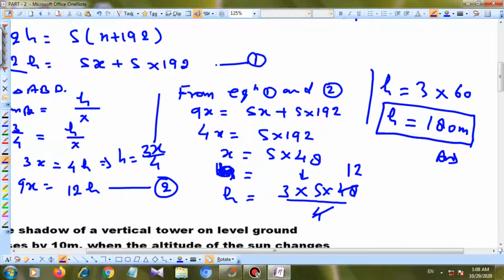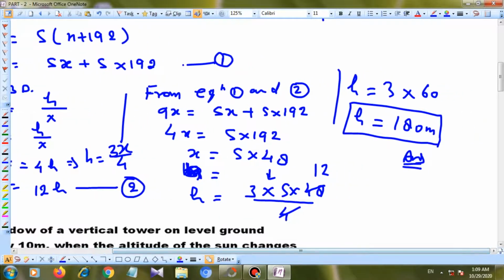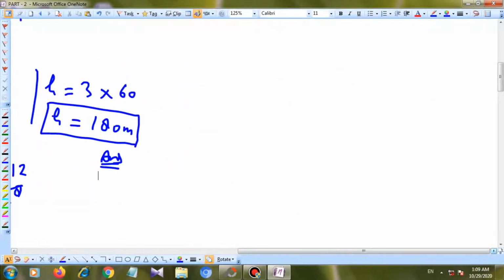That is your answer. Now this question you can solve quickly. How can it be possible? In this question, tan alpha is given 5 by 12, and tan beta is given 3 by 4.